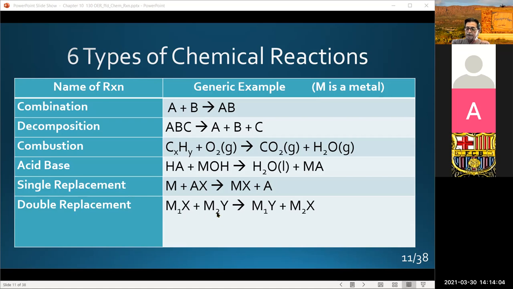That doesn't mean there are two M's. It means two different types. Let me emphasize that. So we have this metal, M1, one type, and then we have this metal right here, a different type.